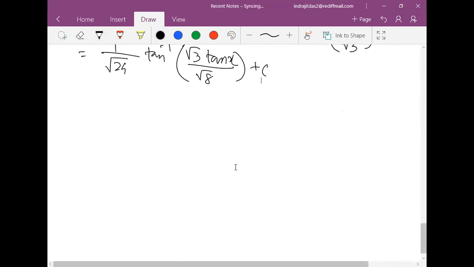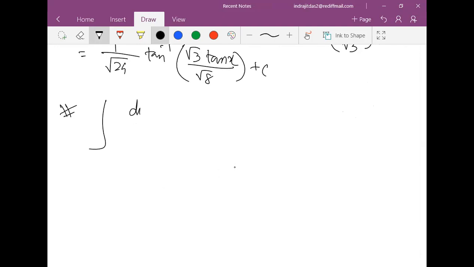And one last problem I want to do is the same type, I am just showing this type of problem: dx by 2 sin square x plus 3 cos square x. Same method, dividing by cos square x, numerator and denominator will be divided by cos square x.